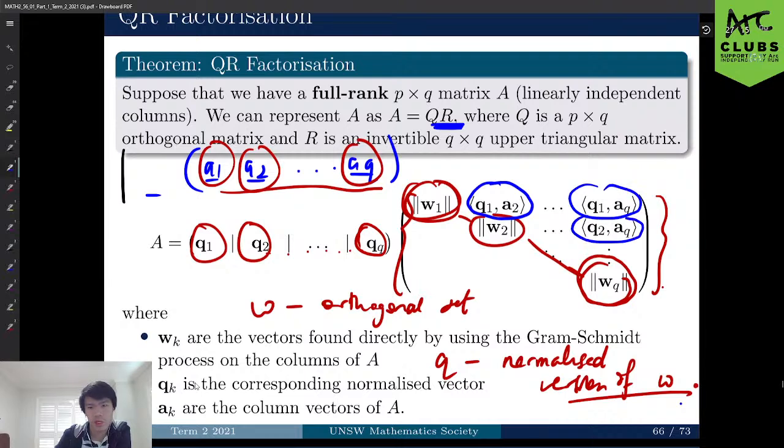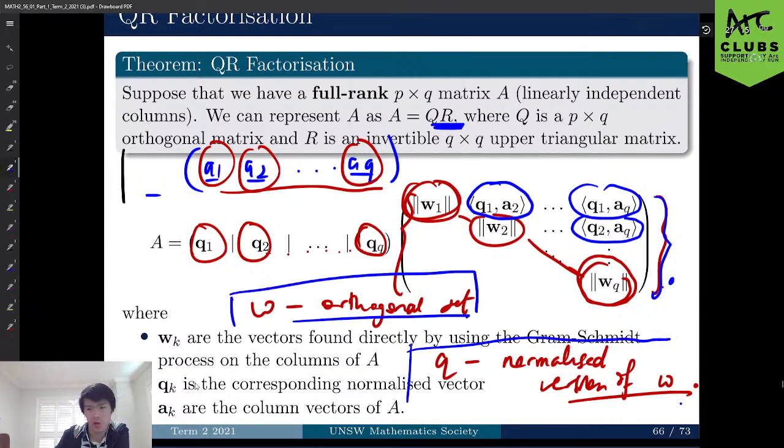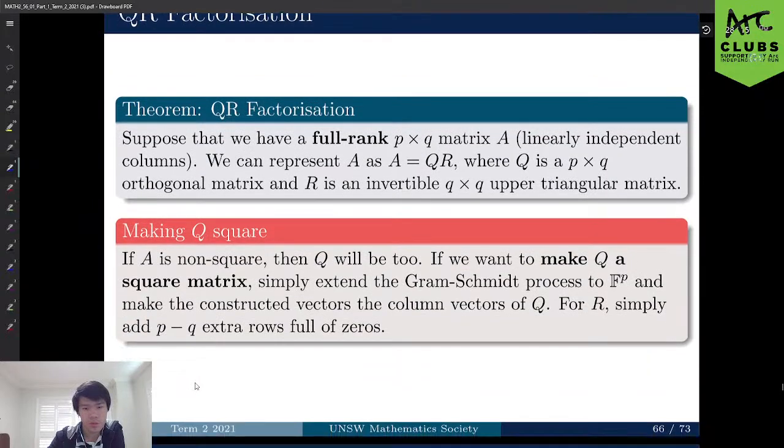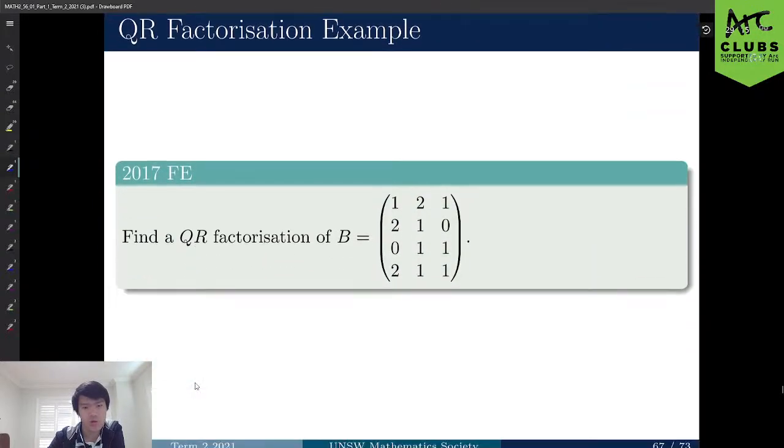So all it really is just subbing in values into our matrix. Once we have W, our orthogonal set, and Q, our normalized set, so our orthonormal set, we can just sub it into this matrix. We'll skip through this, we'll just move on to the example.